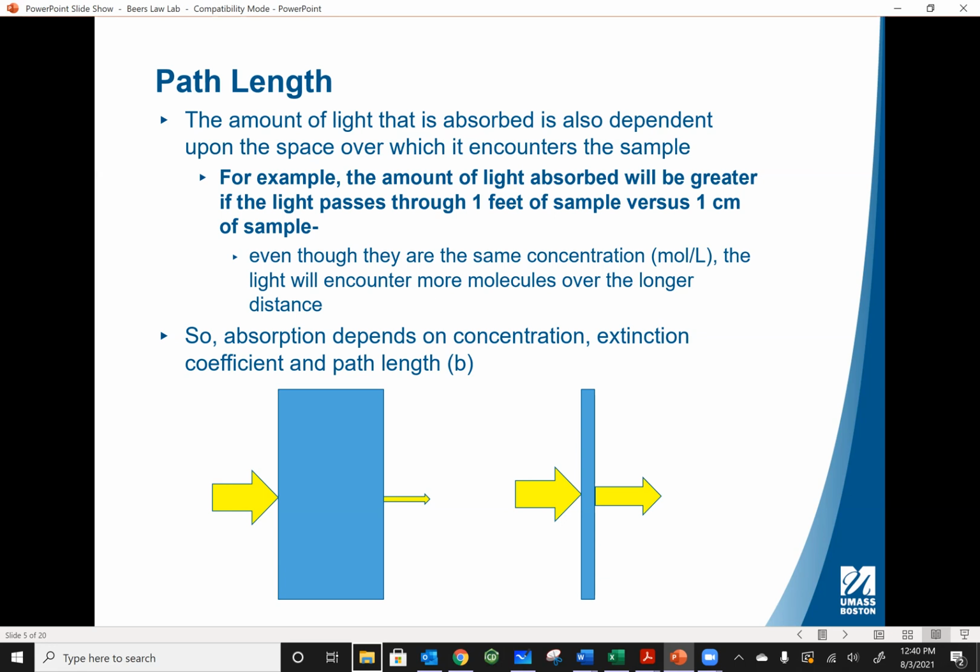The amount of light that goes through is how much light is transmitted through the sample. For example, the amount of light absorbed will be greater if the light passes through 1 foot versus 1 centimeter, even if it's the same concentration.